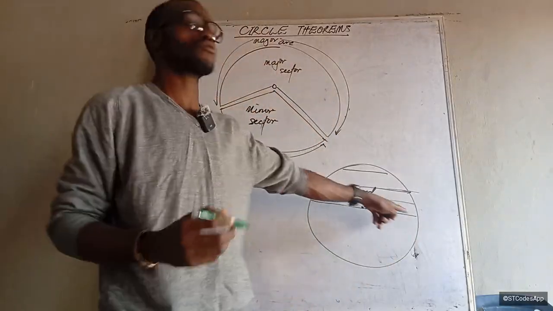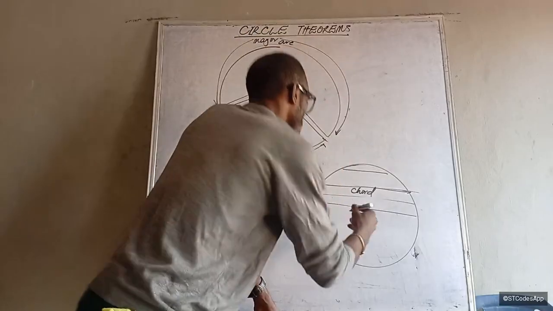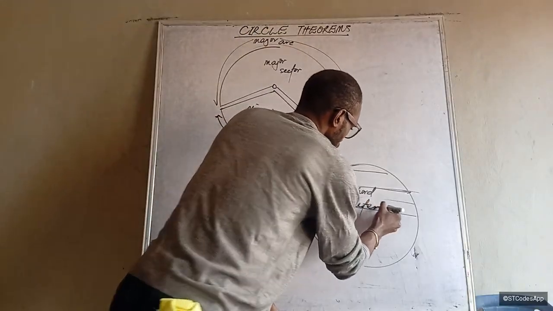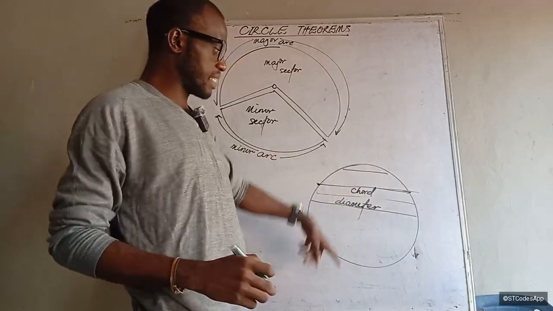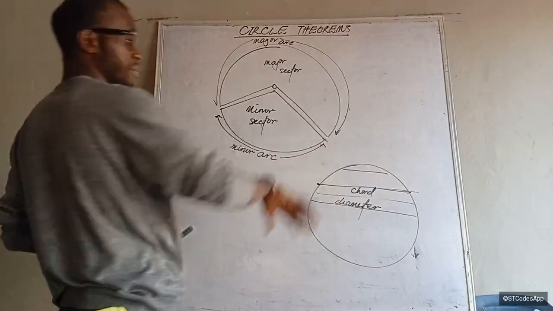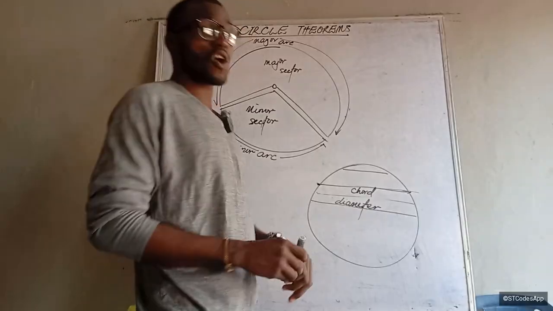There is one that passes through the center. The chord that passes through the center is the longest chord, and it has a special name. It's called the diameter. The word di means two, simply because it splits the circle into two equal halves. Okay, we have semicircles, so that's the longest chord. Now, what does a chord do?